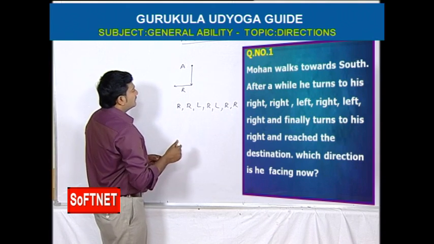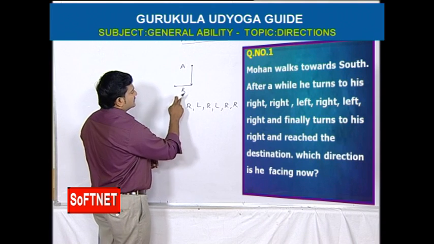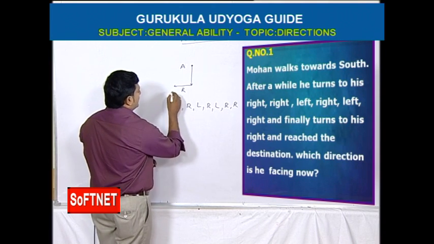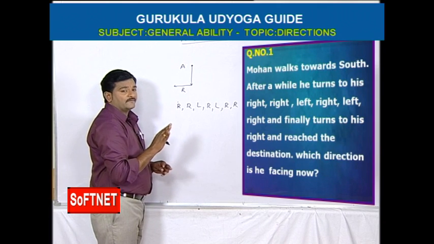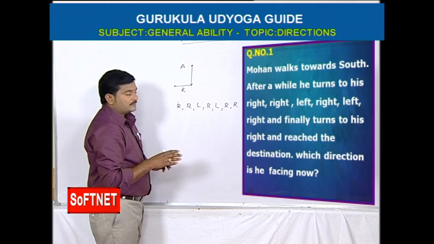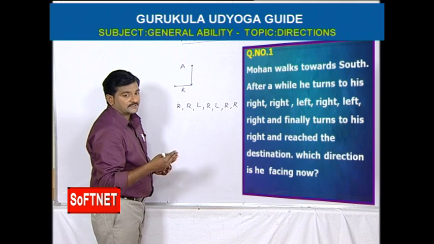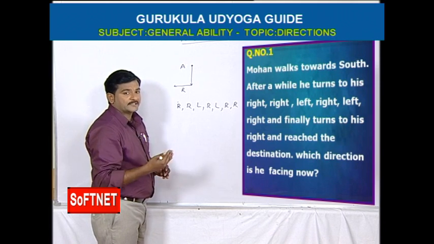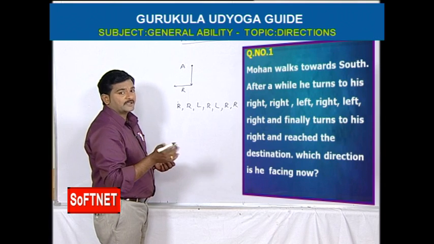Now first he turns which direction? Right direction. Then again right direction. Here you can take a rough diagram. A diagram is not mandatory because it asks you to find only direction, not distance. If it is a distance, then you should take an accurate diagram. Since it is only direction, we can take a rough diagram.